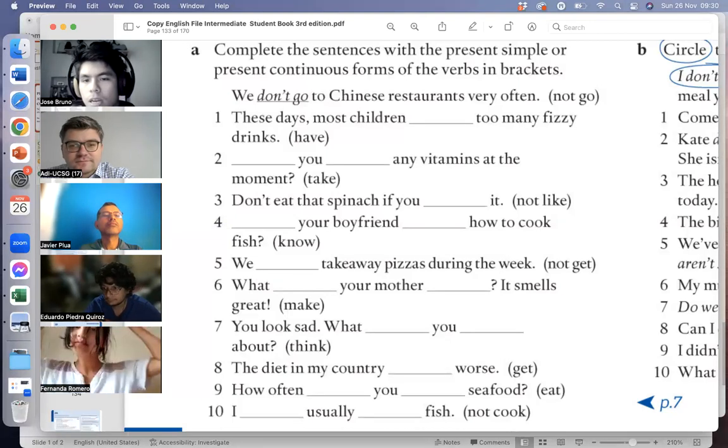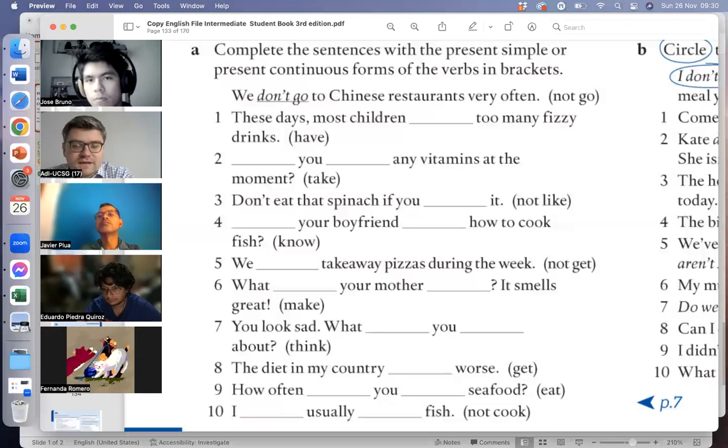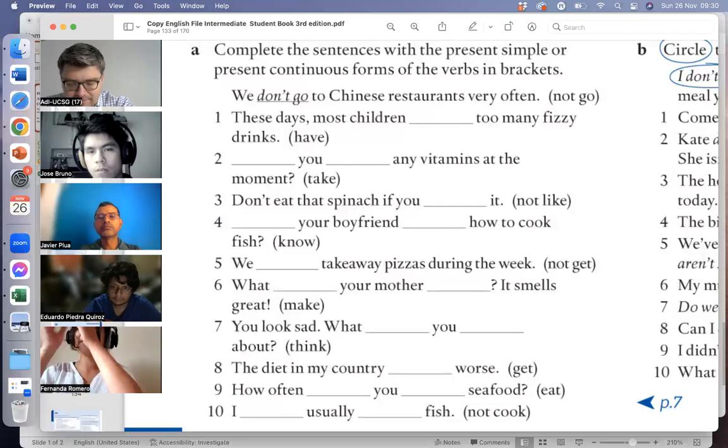Because it's an action that is happening in the present, that is not happening now. Yes, you can also say that it's some sort of habit, or for that reason we would be using it. Okay, good.